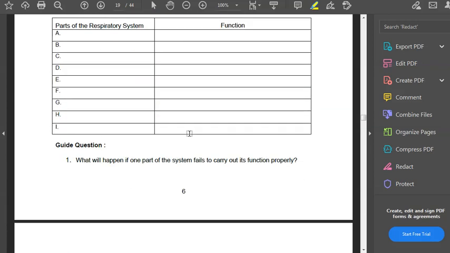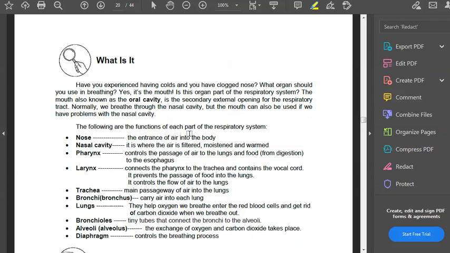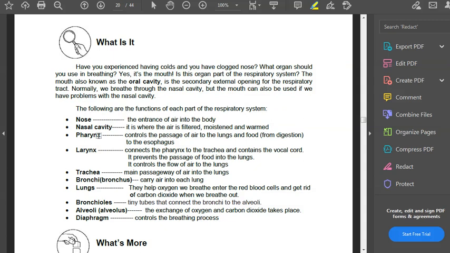So we'll skip this one. You have to read this also. So what is it? Of course, have you experienced having colds? So this is where you have the function of your respiratory system. So these are the parts of our respiratory system, and these are the functions for each part.